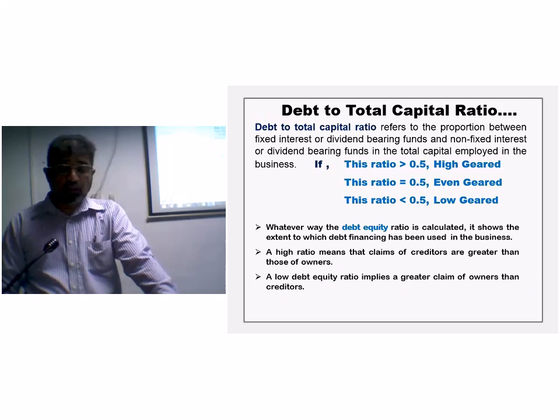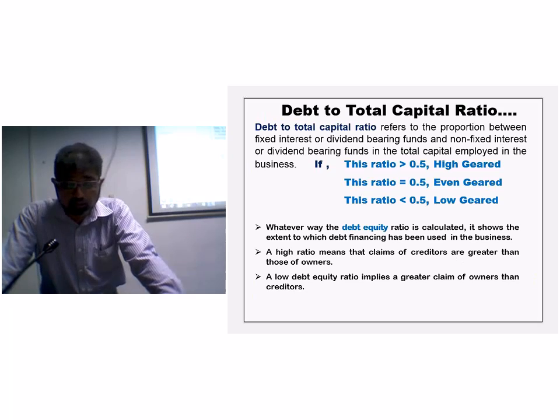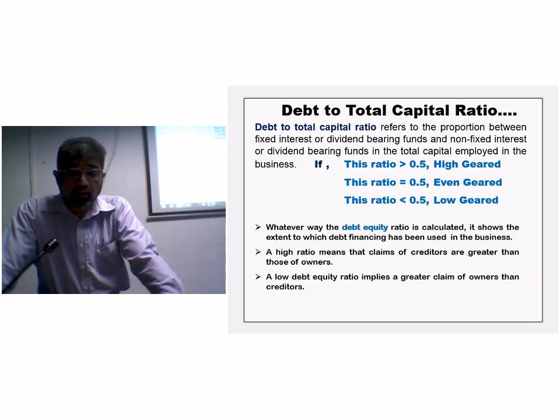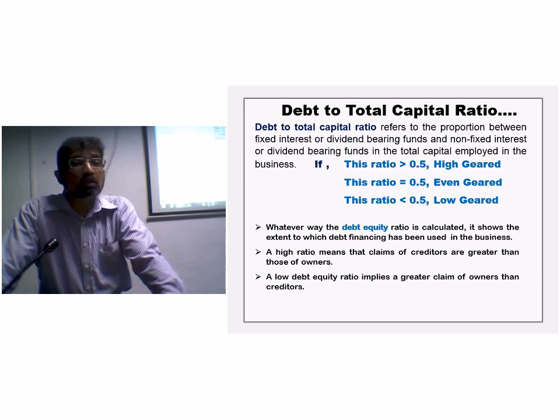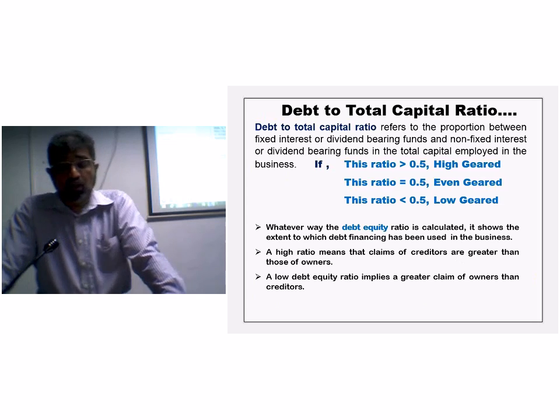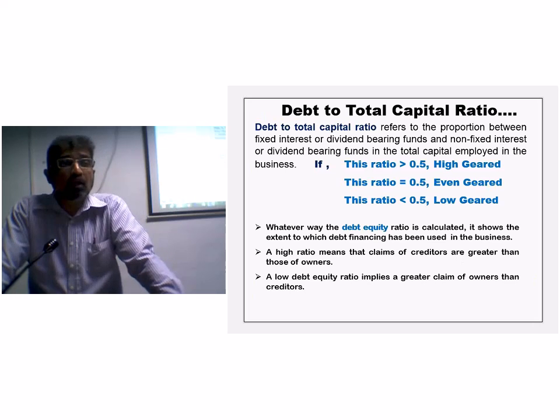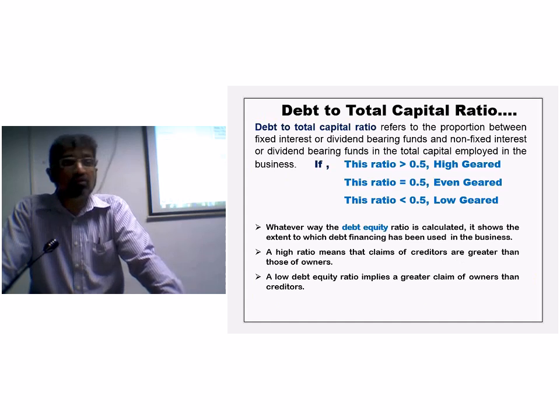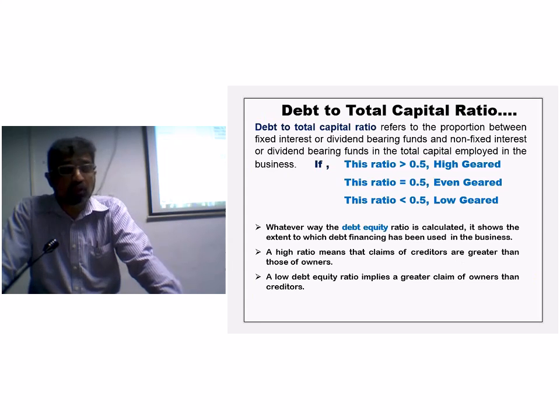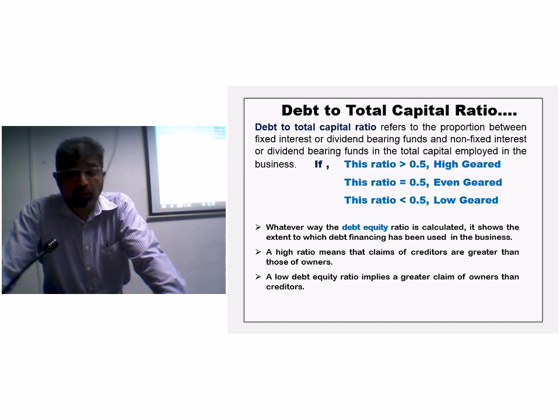Further, we can see the debt to total capital ratio. Depending on whether it is 0.5, greater, or less, we can identify three categories. First, if the debt to total capital ratio is greater than 0.5, that is called a high geared company. That means there may be financial risk with that capital structure.